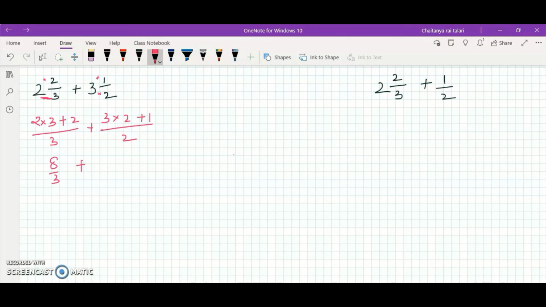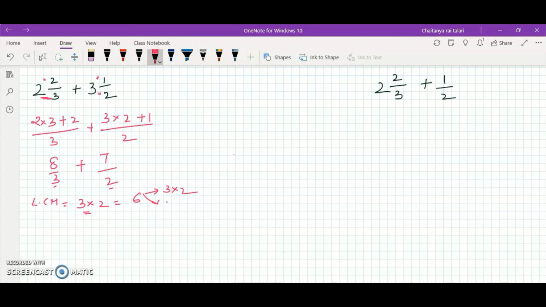Now here we need to take the LCM for these two. You observe that 2 is a prime number and 3 is also a prime number. When we take the LCM for two prime numbers, we can directly multiply them. Then the LCM here is 3 times 2, that is 6. This 6 can be written as 3 times 2 or 2 times 3. So now our common denominator, that is the LCM, is 6.